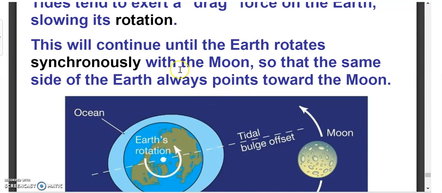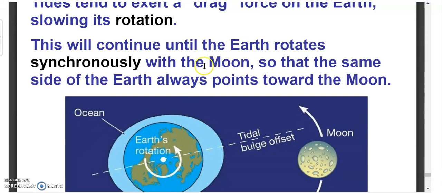It's not something you'd notice even in your entire lifetime. It slows down by about 0.002 seconds once every 100 years. That's how slowly the Earth is slowing down. But it is slowing its rotation down, and in the past it was rotating much faster than it is today.